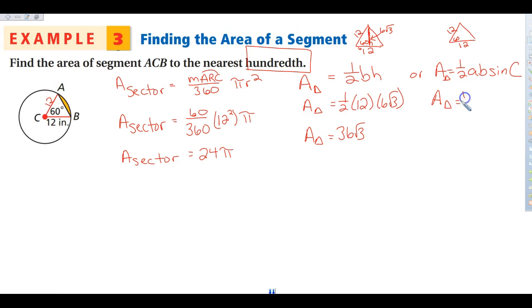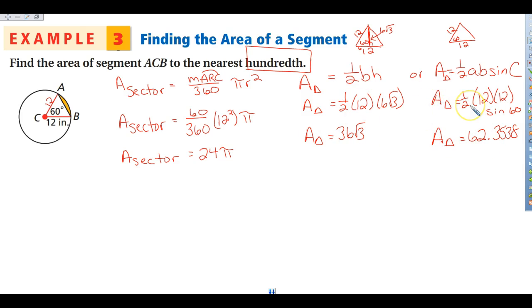So I would have 1/2 times 12 times 12 times the sine of my angle, which is 60. I put all that in my calculator, and I'm going to get 62.3538. Obviously, you don't have to do both of these methods. If you put 6 square root of 3 in your calculator, you're going to get this. These are the same.